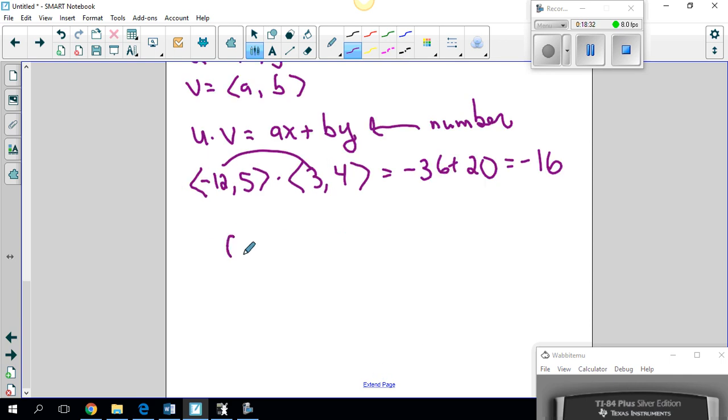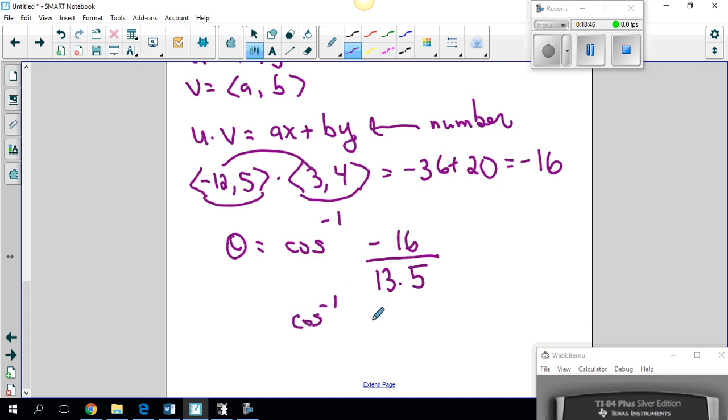And therefore theta is inverse cosine of negative 16 over the magnitude of u, which was 13, and the magnitude of v, which is 5. So it's inverse cosine of negative 16 over 65. Do not get rid of the negative because the formula has the inverse in it.